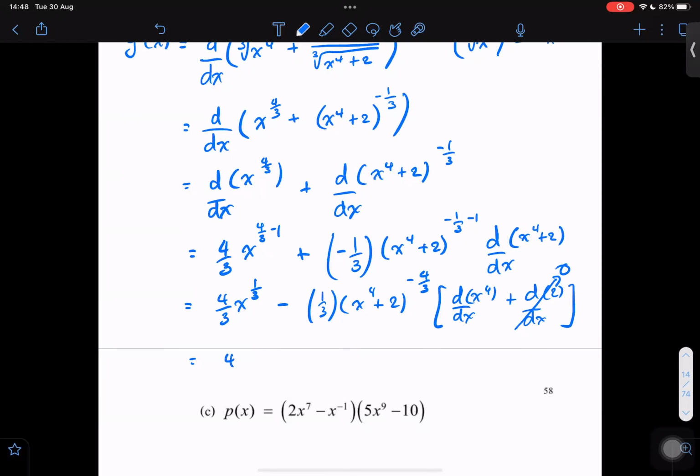So it becomes x to the 1 over 3, 1 over 3 x to the 4, and x to the 4 will become 4x over 3. Okay, so this is the answer. Did you get the same answer as me?